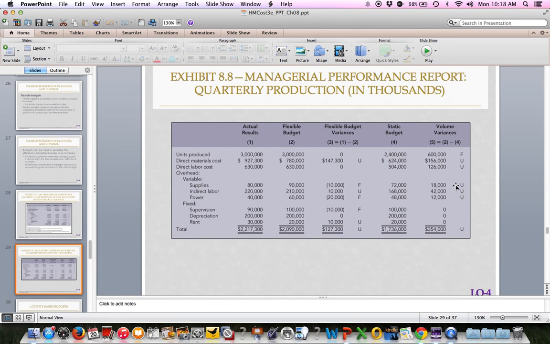So yeah, that makes sense because I produced so much more that the flex budget came in so much higher than the static budget, that yeah, I've got all these unfavorable variances. That makes sense. But really what tells a story is column 3, that flex budget variance. That's where we measure efficiency, or in this example, lack of efficiency.